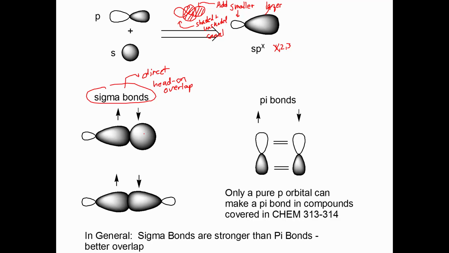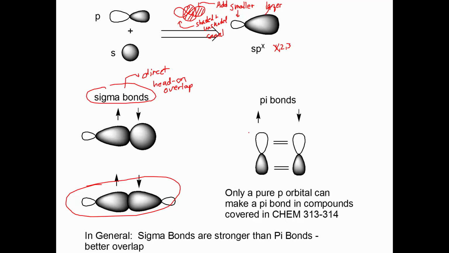This is how we make the bonds to hydrogen, or to any other heavier atom. We would bond two different sp hybrid orbitals together, like you see in this lower structure right here. So this is a sigma bond. This is one type of bonding.